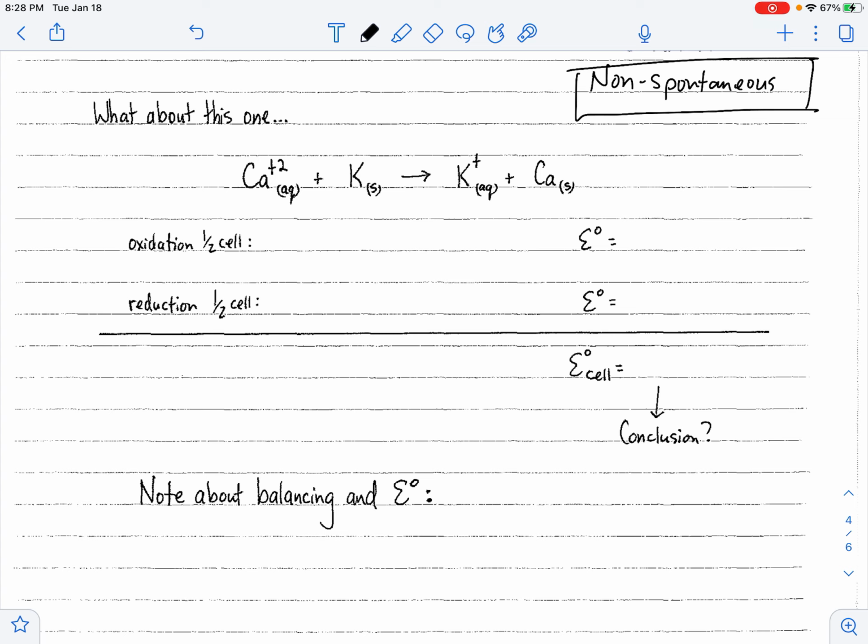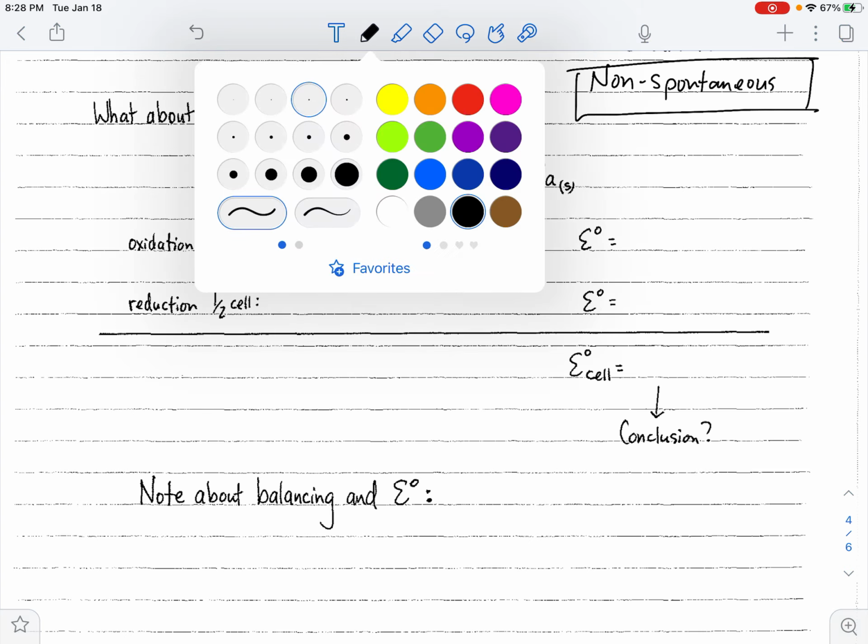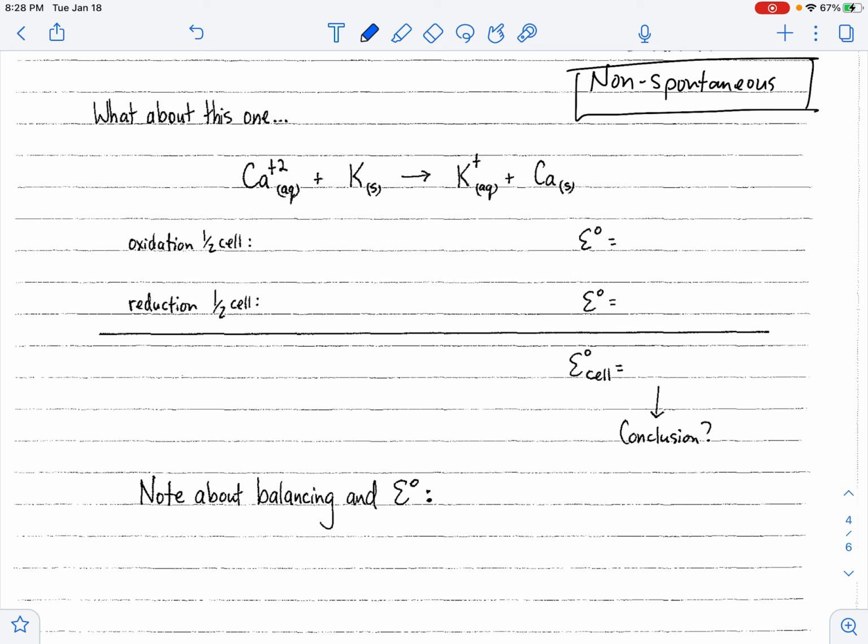But the oxidation half cell would be, I'll use blue, the K going to K plus 1 electron, and the calcium plus 2 electrons going to Ca.